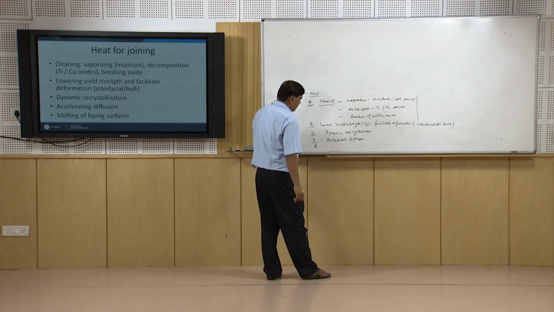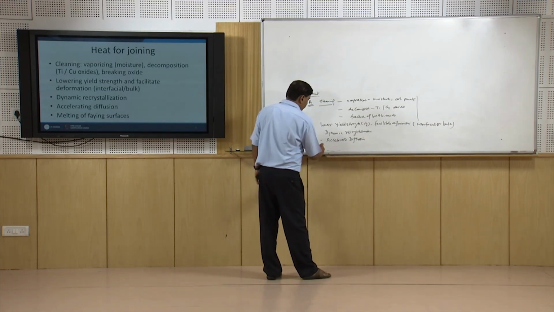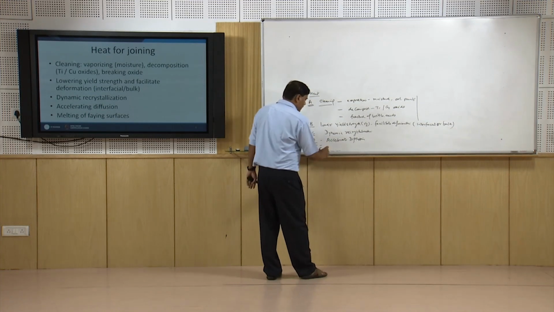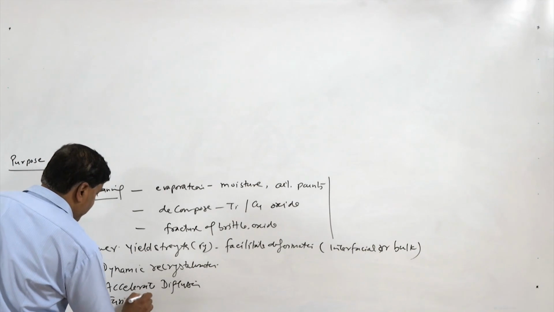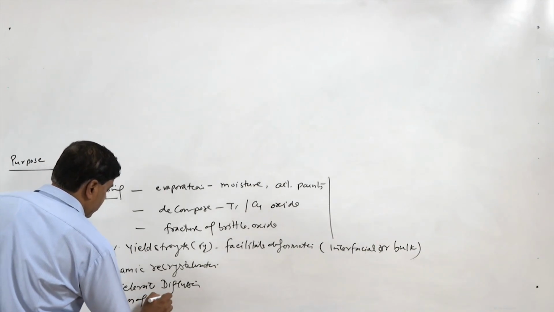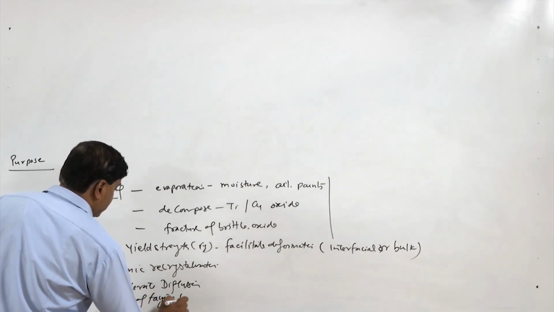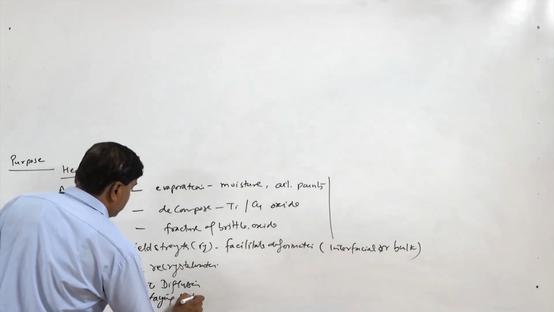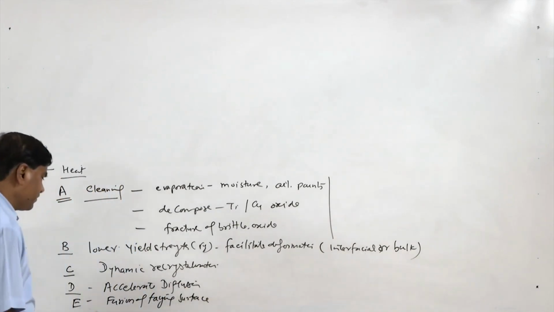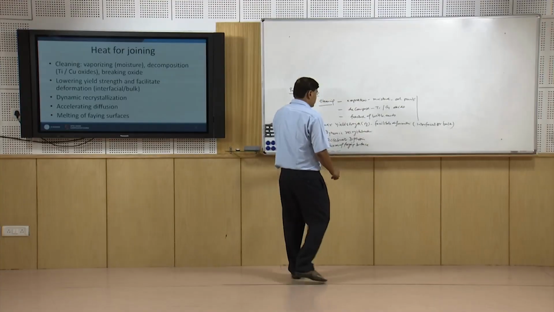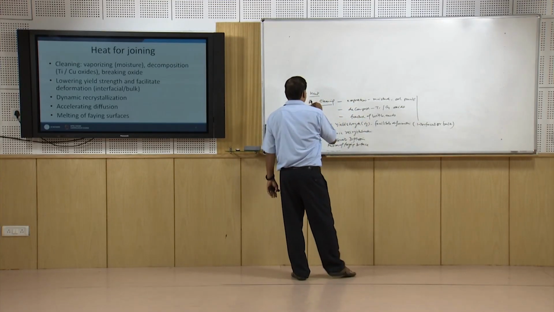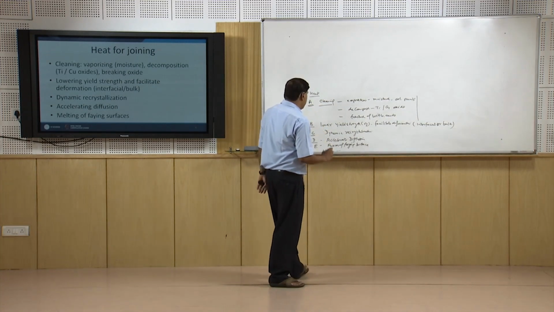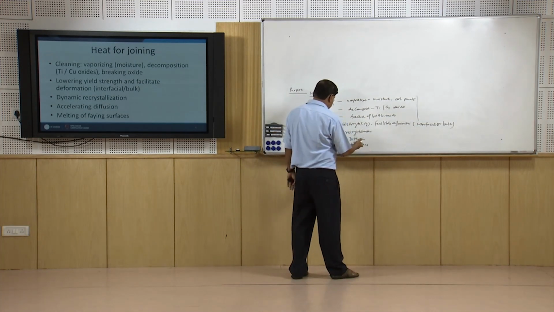And the next purpose of applying heat is achieving the fusion of the faying surfaces, so that the metallic continuity can be achieved.